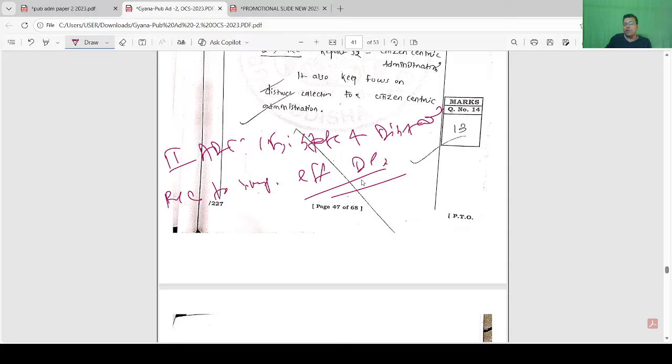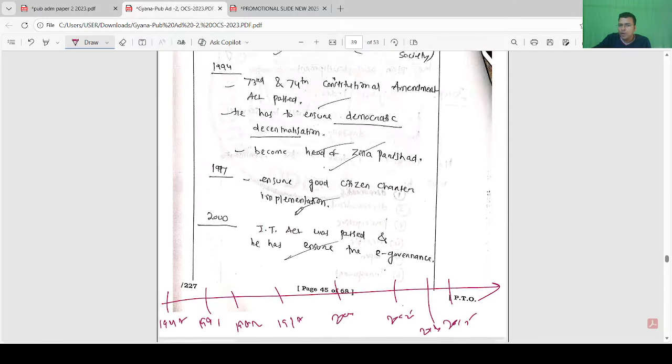I have given 10 recommendations in class. At least give three, four, five main recommendations in this DC question, and surely he will get 14 or 15. So don't be happy with 13 marks.